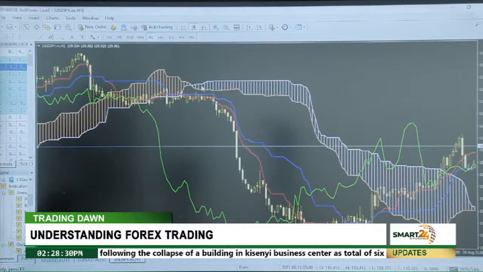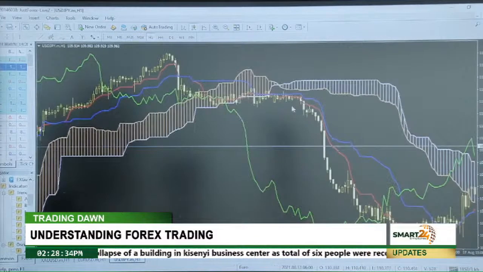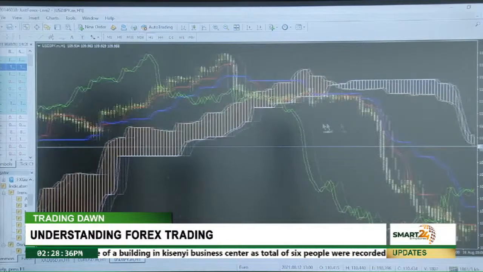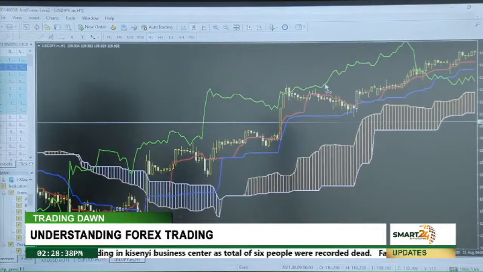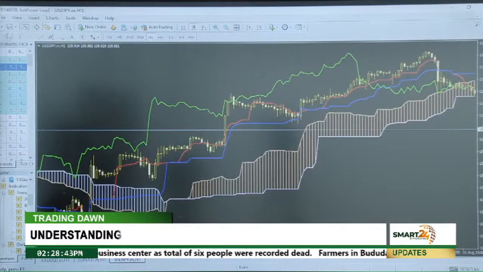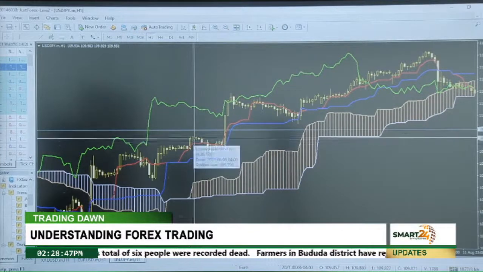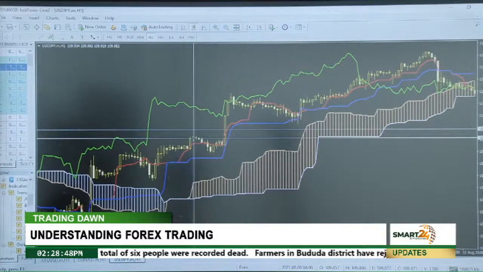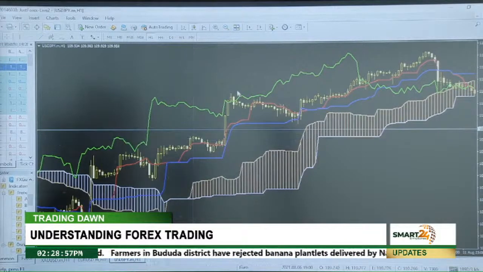You have 26 periods behind that give you the signal to enter. If you entered this trade from around here, because you have the formation happening here to buy, you go 26 periods back, and this one is clearly above the price, and then these ones here have formed, then you buy.